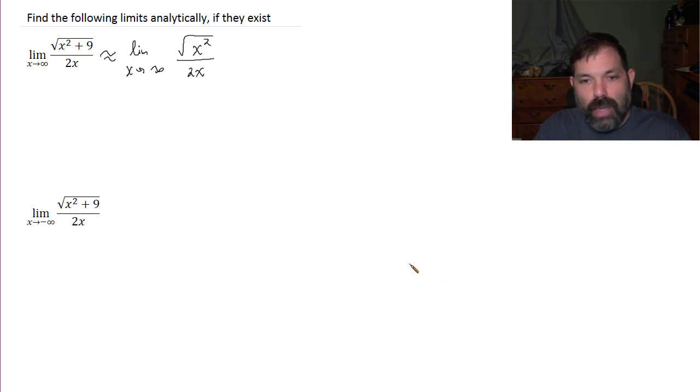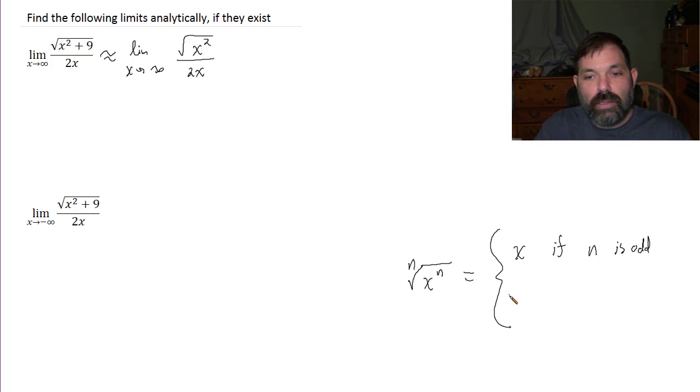The nth root of x to the n is equal to two different things depending on the root. The nth root of x to the n is equal to x if n is odd. The nth root of x to the n is equal to absolute value of x if n is even.